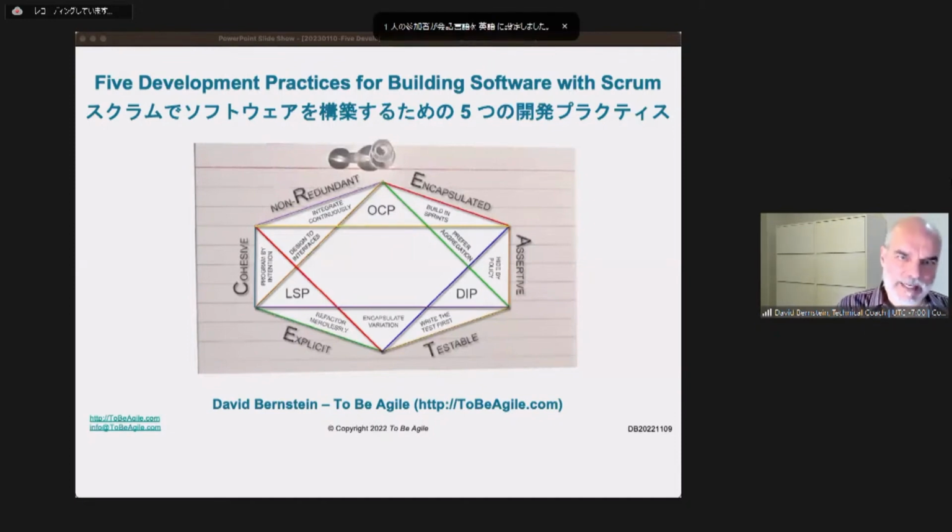Developing software in Agile with Scrum is very different than developing software in Waterfall and requires different skills. And unfortunately, the rest of the industry, the schools and other resources have not caught up.